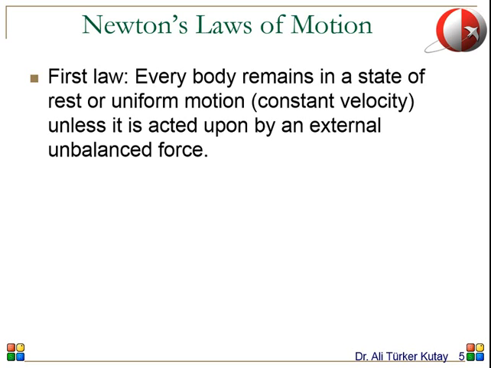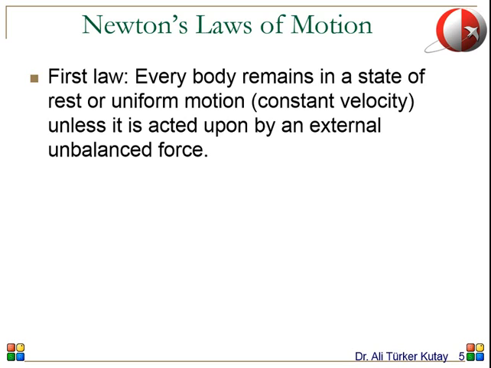The first law says that every body remains in a state of rest or uniform motion, which means it keeps moving with some constant velocity along a straight line, unless it is acted upon by an external unbalanced force.